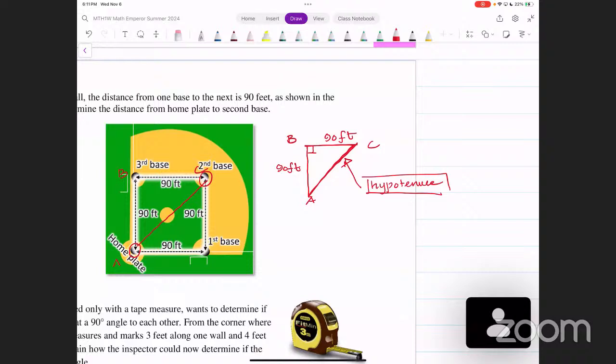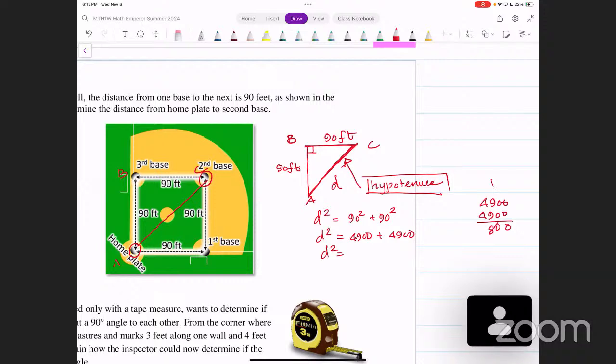If I call this D, then D squared is equal to the sum of the squares of those two distances, which is 4,900. You can use a calculator, your teacher allows it. So D squared is 4,900 plus 4,900, which is 9,800. Now we need to find D.